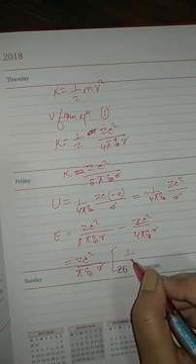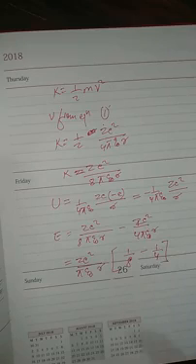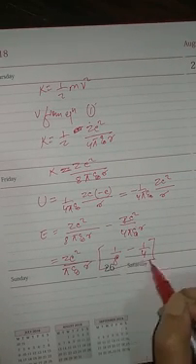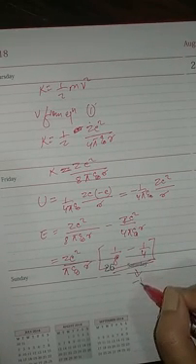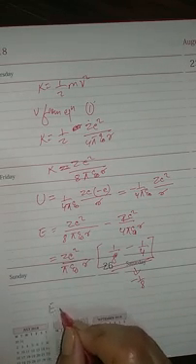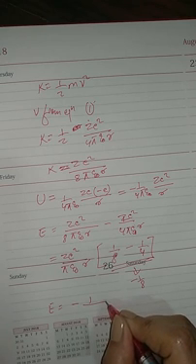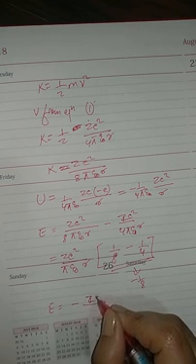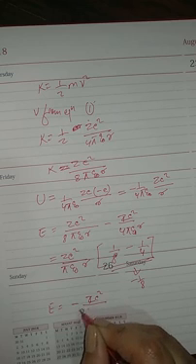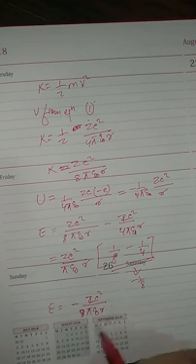Inside the bracket we write 1 by 8 minus 1 by 4. If you solve this part, we get minus 1 by 8. So the value of E becomes minus Ze² by 8 pi epsilon naught r. This is what we get.